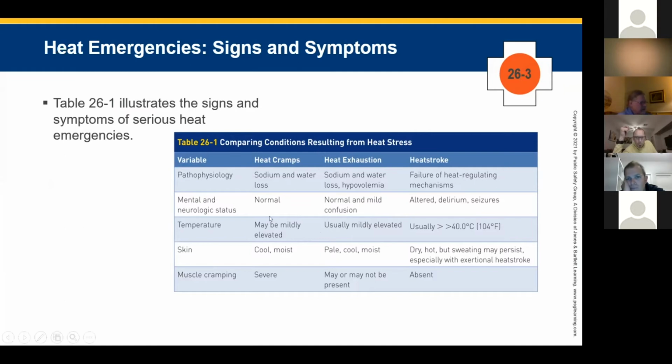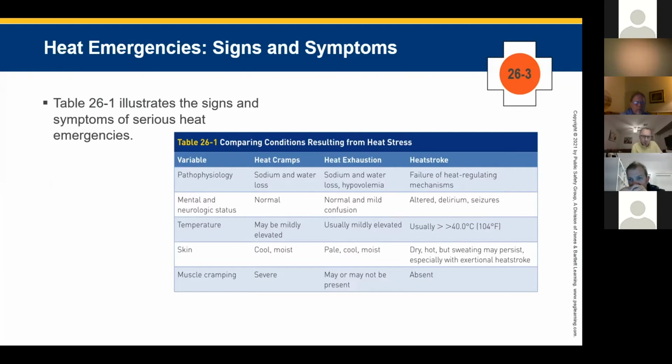So what do you think about the skin? Tell me about the skin. I know it says that, but tell me a little bit about it. Probably the same effect as when you see heat cramps, but the skin also starts to get pale, cool.